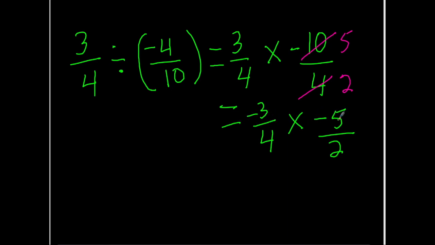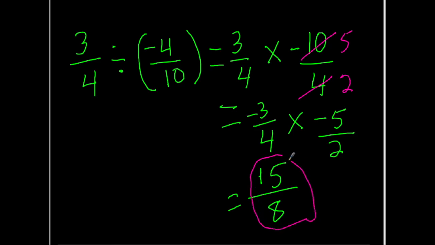Negative 3 times negative 5, a negative times a negative is positive, so this is 15 over 8. When we do mixed numbers, I'm going to show you how to change this into a mixed number, but for now the answer is 15 over 8.